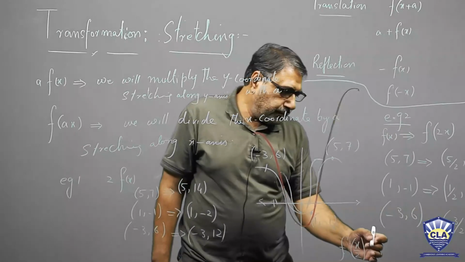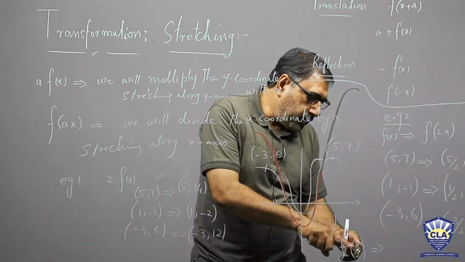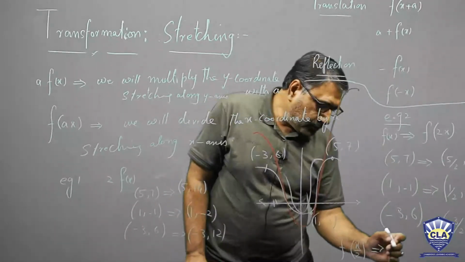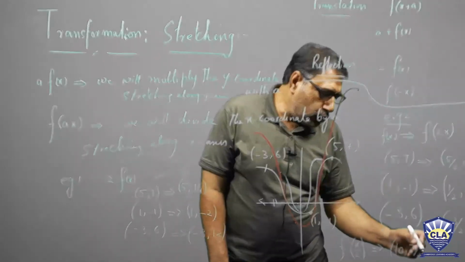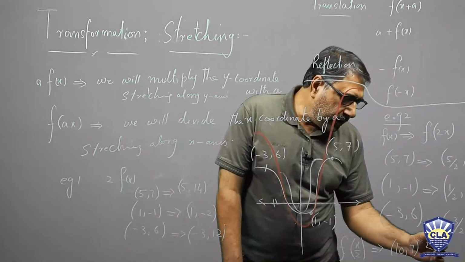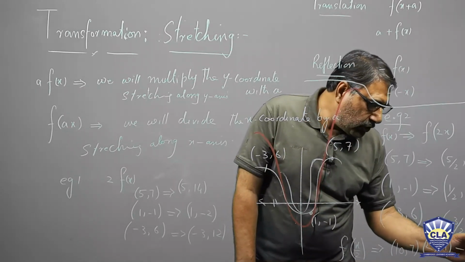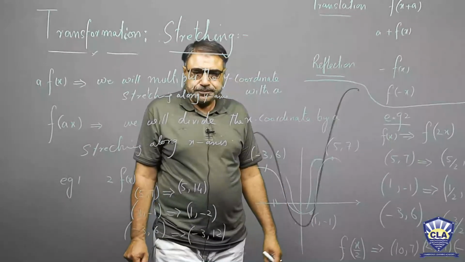So all the points, x coordinates will be multiplied by 2. This 5, 7 becomes 10, comma 7. This 1, comma -1 becomes 2, comma -1. And -6, comma 6. These are the new points for this transformation.